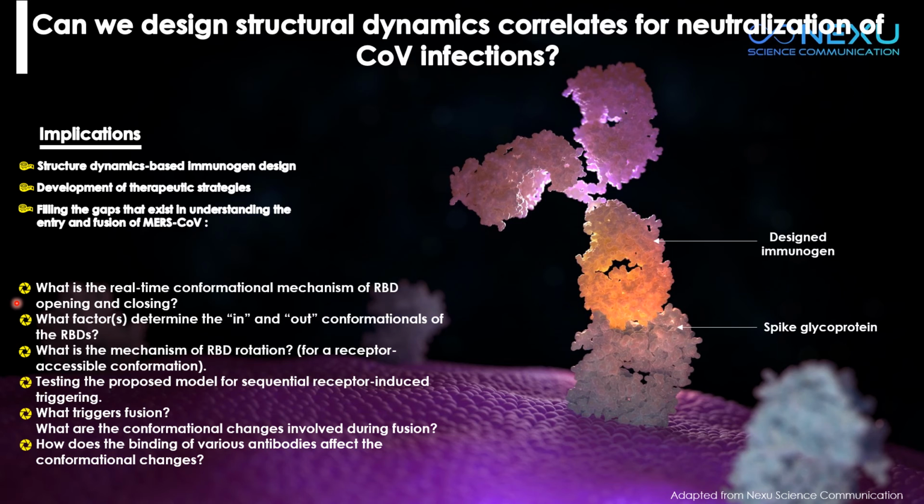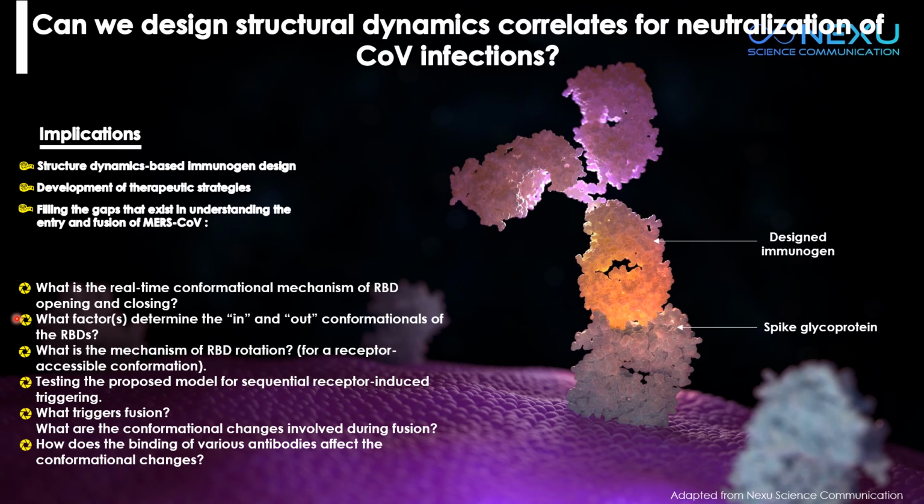So the first question which needs to be answered is, what is the real-time conformational mechanism of RBD opening and closing? Next is, what factors determine the in and out conformation of the RBD? It can be pH, it can be antibody, or it can just be stochastic, but the chances of RBD movement being stochastic is very little, because then it will make the spike protein more susceptible to neutralizing antibodies.